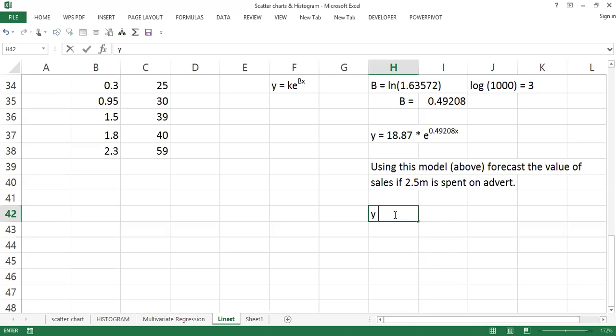So we're going to say y equals... the y, which is sales now.